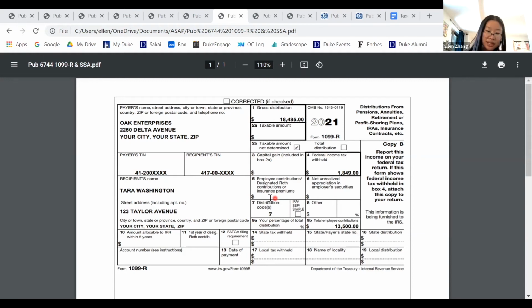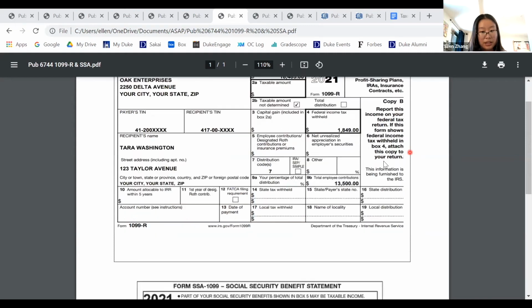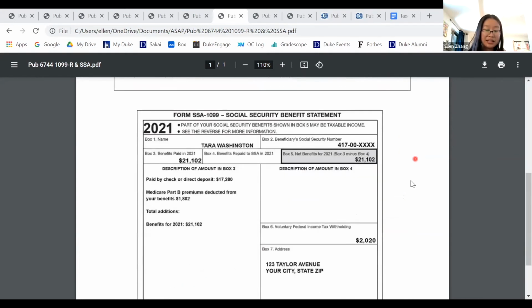And I've also linked resources to determine whether or not you qualify for an exemption in the resources doc. But yes, pay attention to any distribution codes on any of these income forms. And now for the SSA 1099, this is a classic Social Security benefit statement.